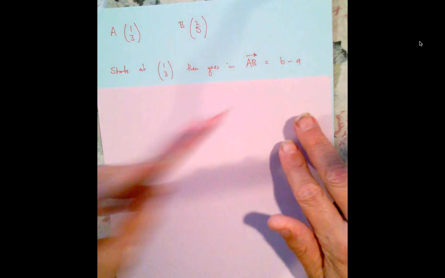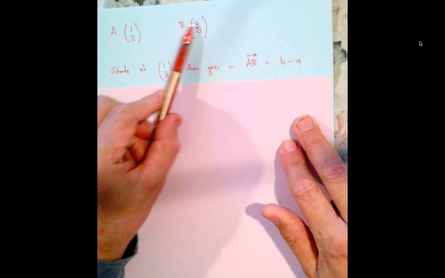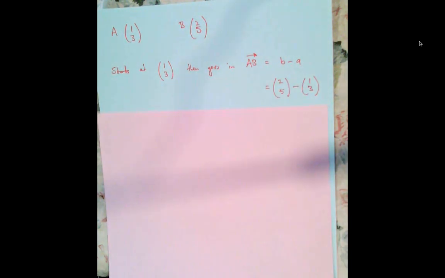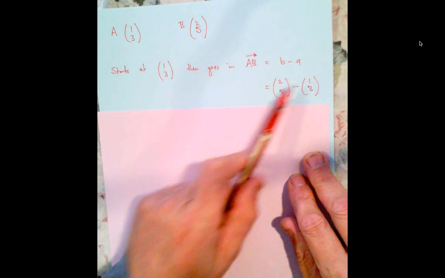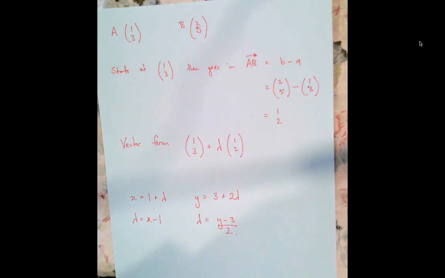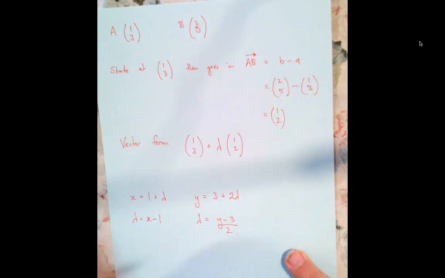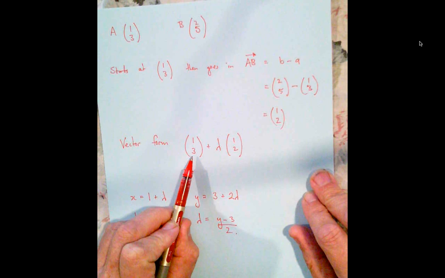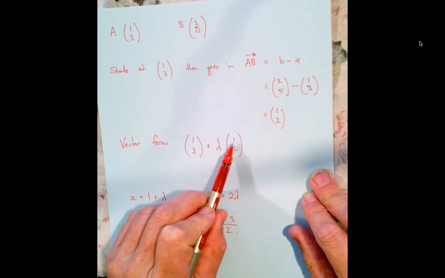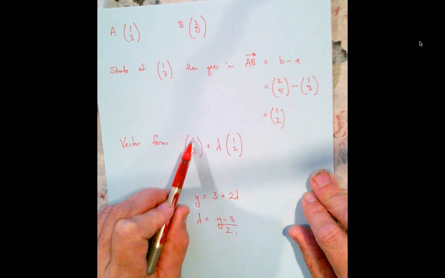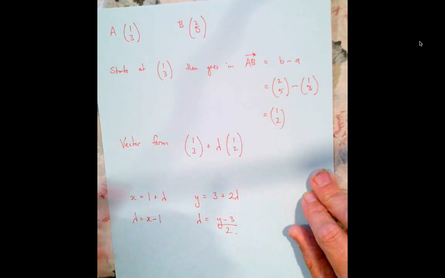It's B minus A. So it's going to be 2 minus 1, 5 minus 3, which leaves us with (1, 2). So in vector form, here's the starting point (1, 3) plus lambda times the direction that we're going. So the vector form is (1, 3) plus lambda (1, 2).